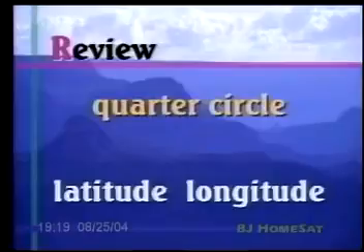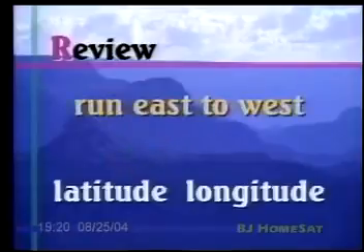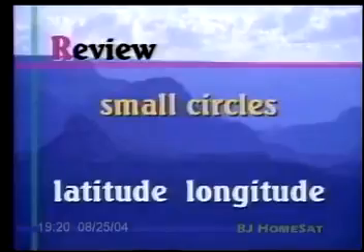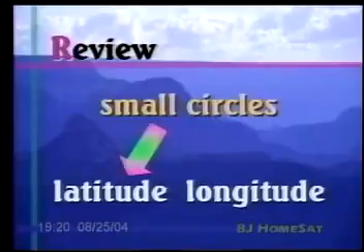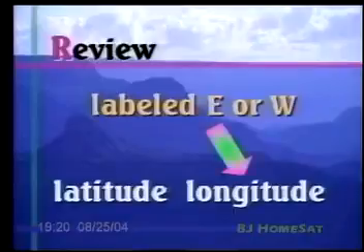Quarter circle. Latitude. Remember, that's how the degrees are measured from the equator, and it shows it can't be larger than 90 degrees. Which lines run east to west? Latitude. Small circles. Okay, latitude. All the lines of latitude except for the equator are small circles. Labeled east or west. Longitude.